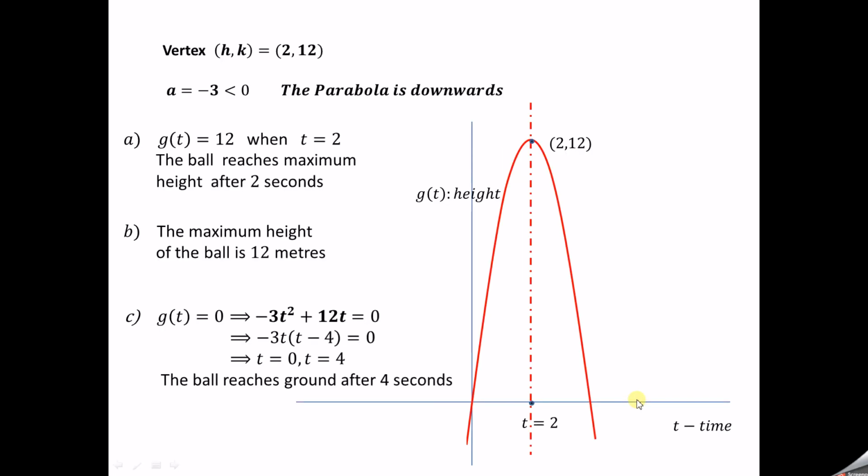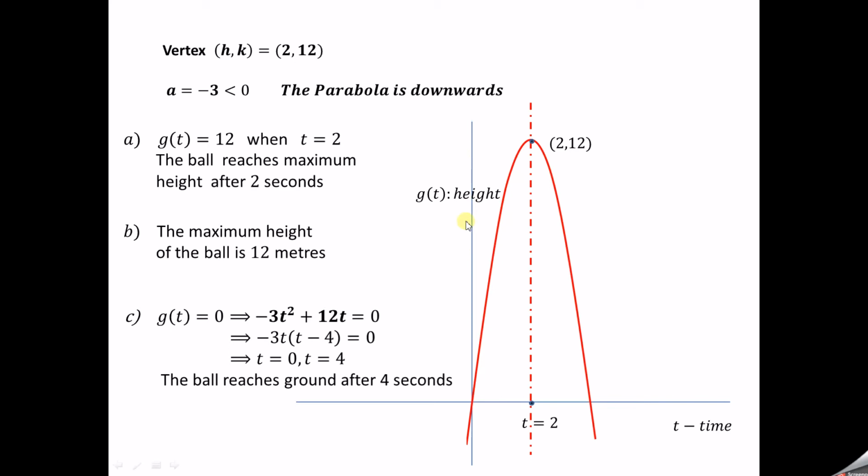So let us look at the graph. This is the t-axis. Instead of x, we write t on the x-axis, where t is the time. And this is g(t), which is the height, on the y-axis.